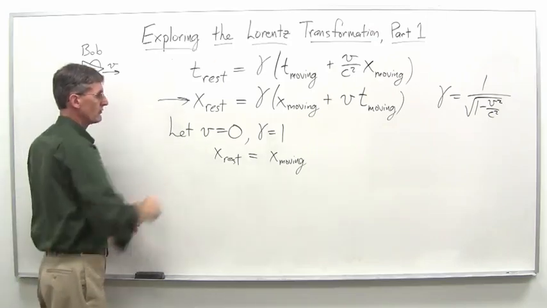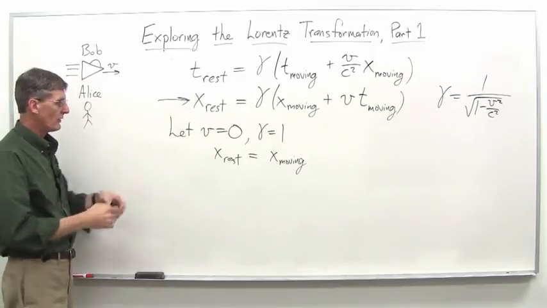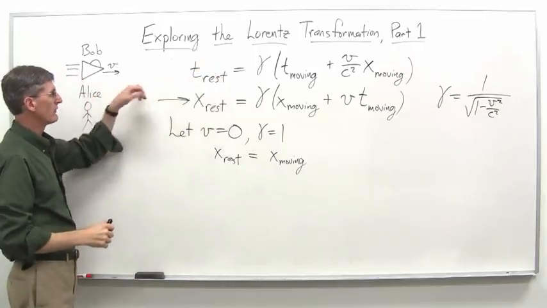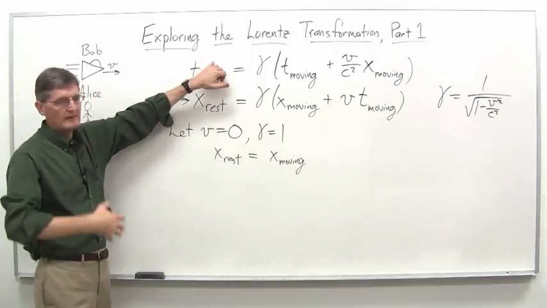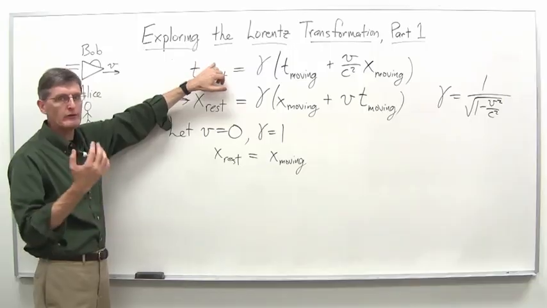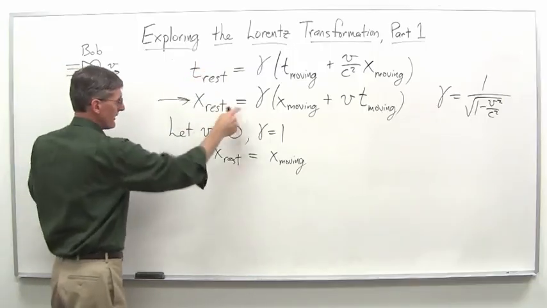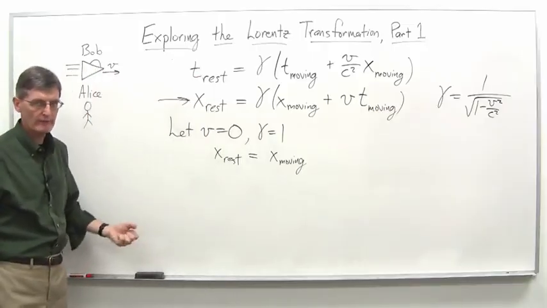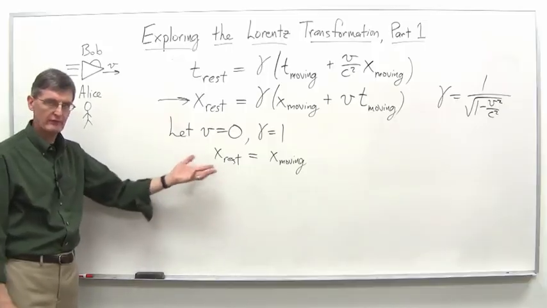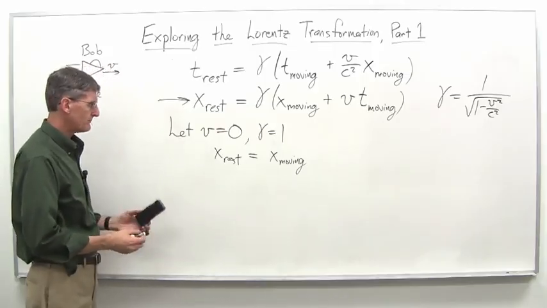Bob would have his as well. If v is 0, they're not moving with respect to each other. So if Bob sees something in his moving frame at 23.8, then since they're stationary with respect to each other, Alice would also see that on her system as 23.8. That's what this is telling us, and we hope we get this answer, otherwise something went wrong along the way. So that's one simple check we can do.